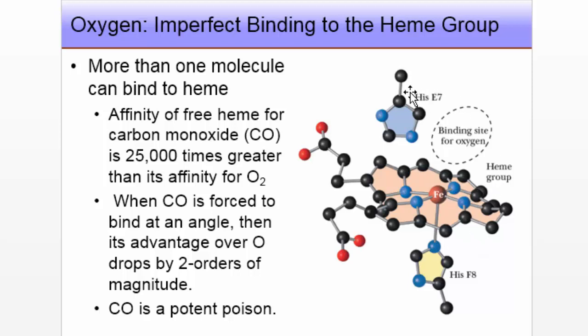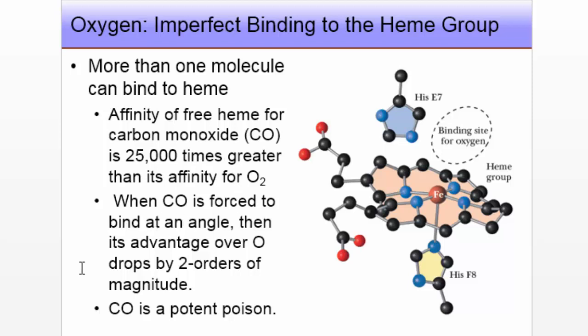Now, the E7 histidine sterically inhibits oxygen from binding perpendicularly to the heme plane with biologically important ramifications. Now, the affinity of free heme for carbon monoxide, CO, is 25,000 times greater than its affinity for oxygen.